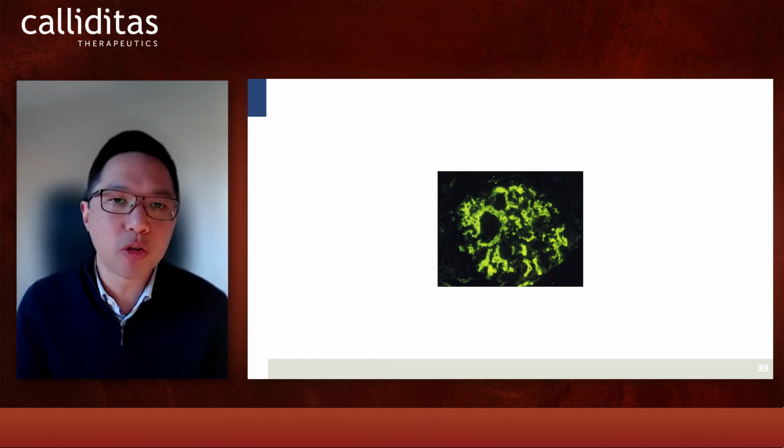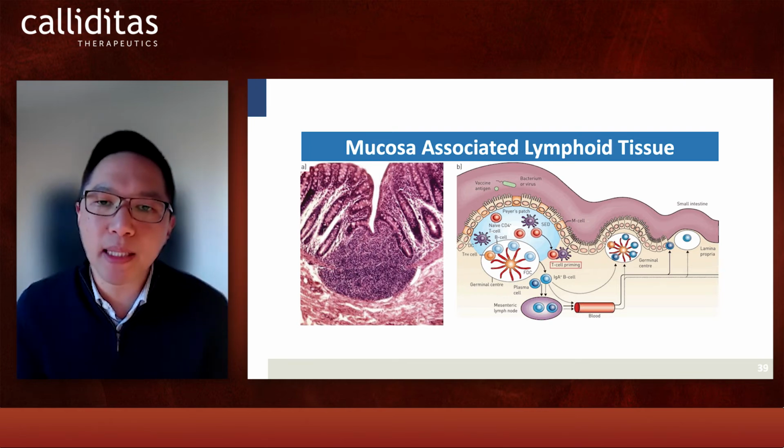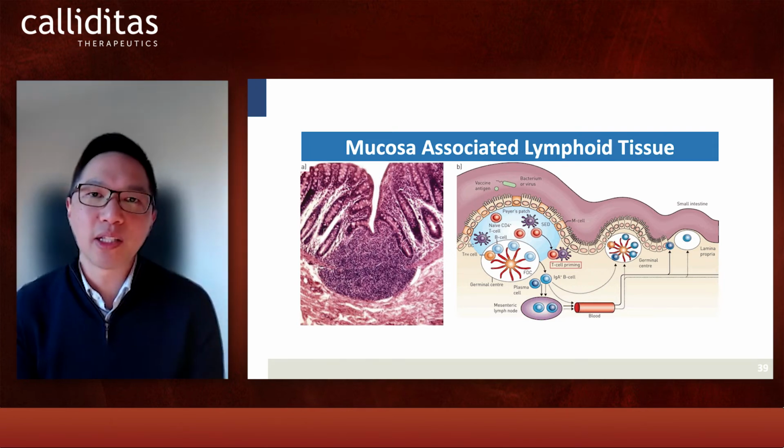And I think if we can focus our efforts on understanding these processes better, then we can intervene at this level within the gut to try and influence the course of this disease and improve outcomes for our patients.